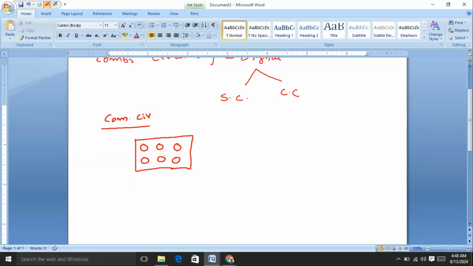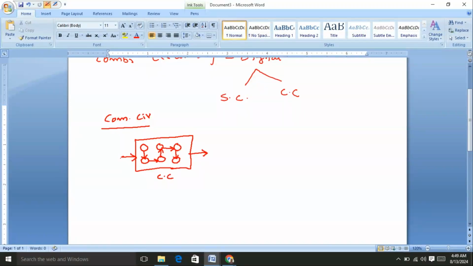The design is how these digital elements are interconnected. Let us consider the internal digital elements interconnected like this. And depending upon the function of these internal digital elements, the output function of the combinational circuit is determined.